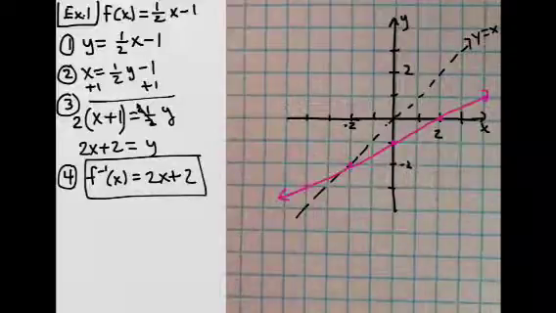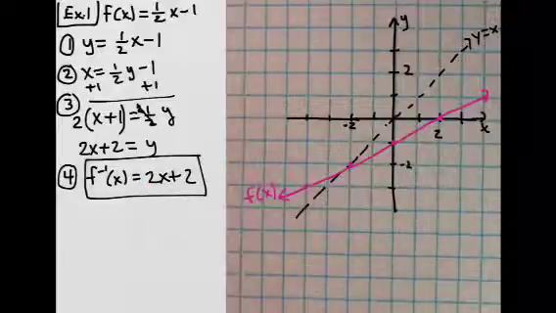So I'm going to label this f of x. Oh, I forgot, I did label y equals x. I'll use green for the inverse function. And so my y-intercept is 2 and my slope is 2.